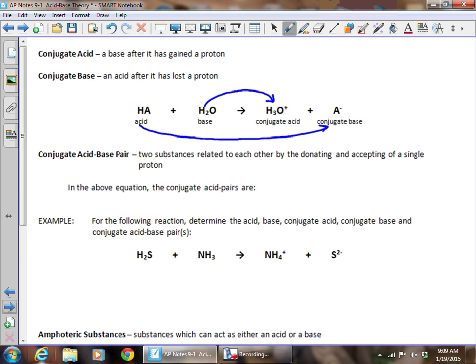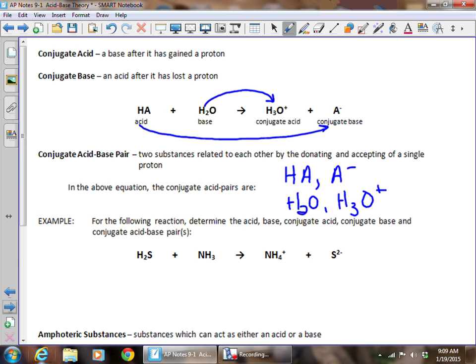We always end up with a conjugate acid-base pair, and the only difference between the two that are in that pair is the presence of a hydrogen. So the two conjugate acid-base pairs in this case are HA and A minus, and H2O and H3O plus.